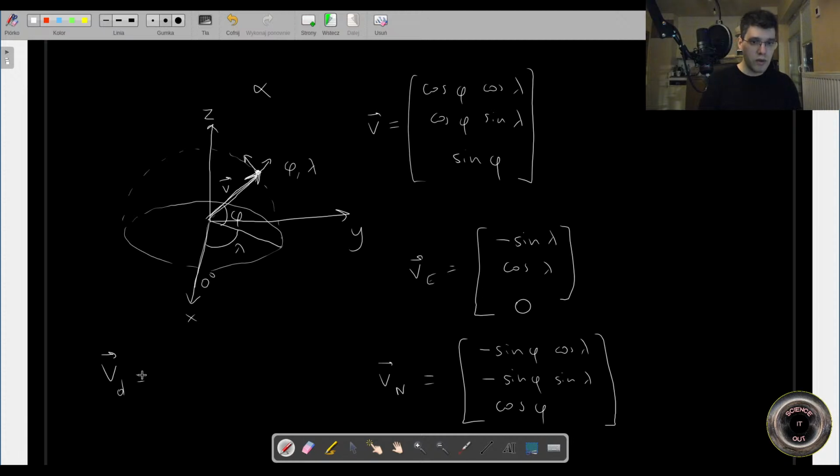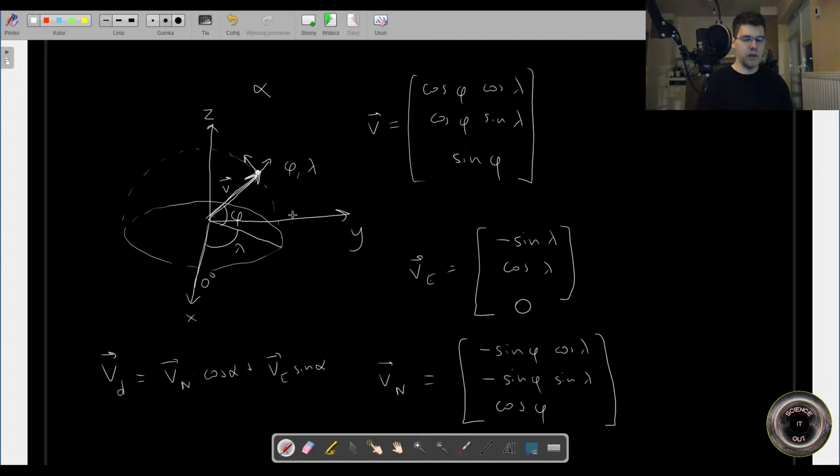So this will just be Vn times cosine of alpha plus Ve times sine of alpha. Is that simple? So when we already have those two vectors, one pointing north, one pointing east, it's very easy to calculate this vector in the starting direction.